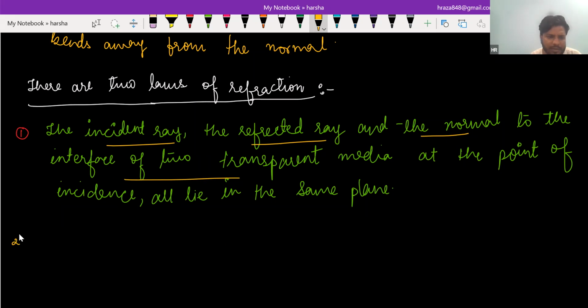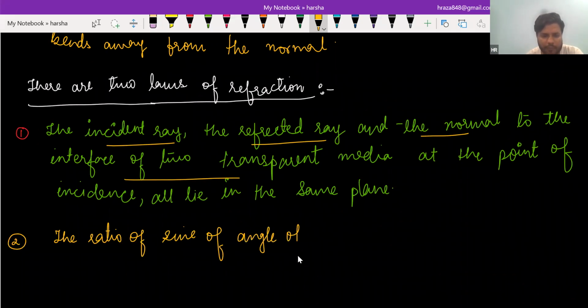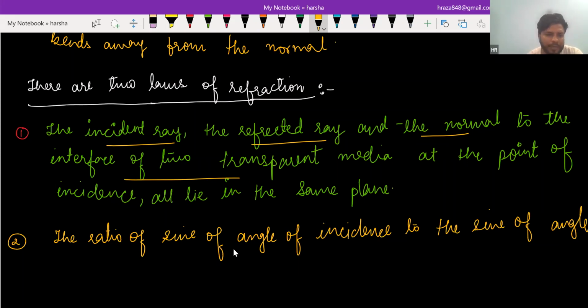The second law is for refractive index. This is basically the ratio of sine of angle of incidence to the sine of angle of refraction is constant.